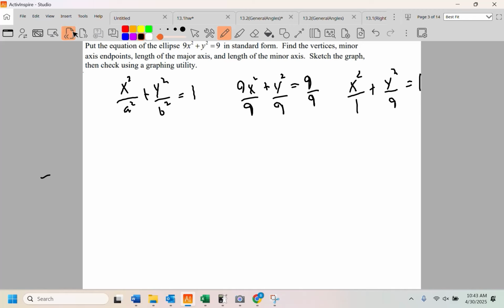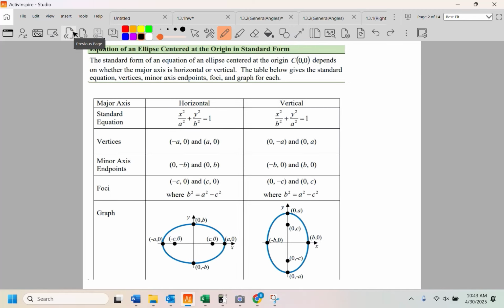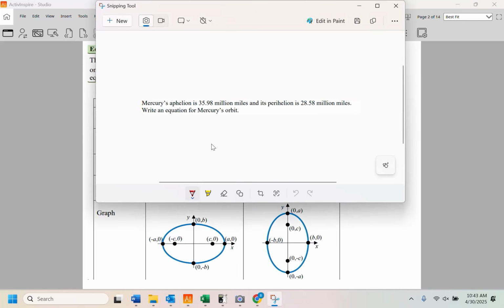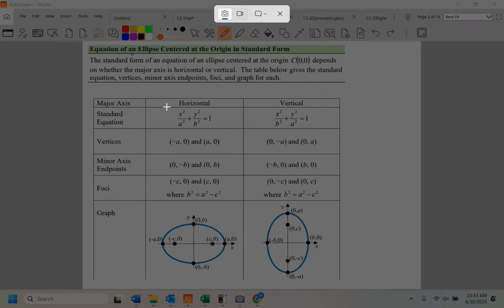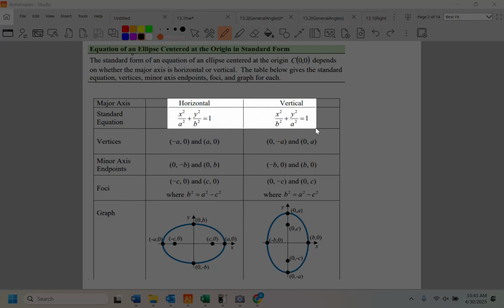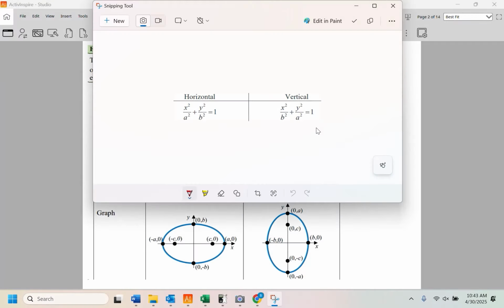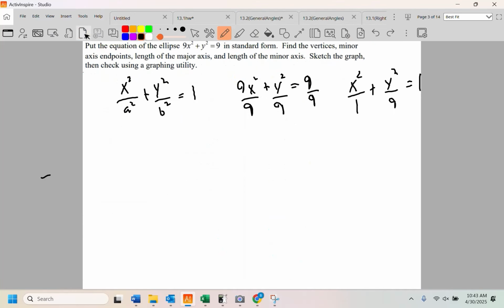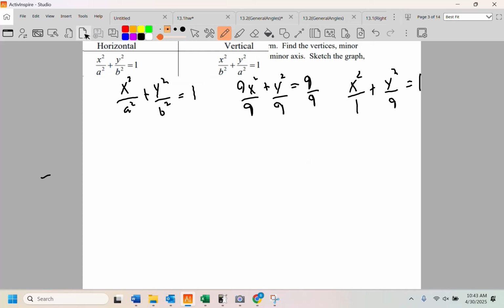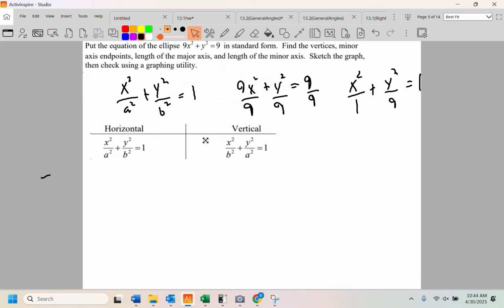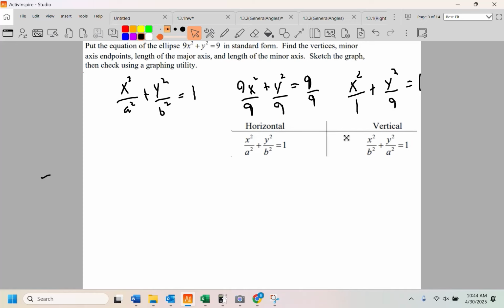Now, let's look at a lineup process here. We'll do it as your book does it. This one is vertically oriented.